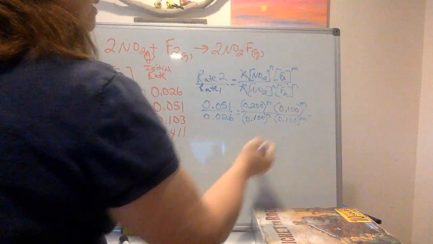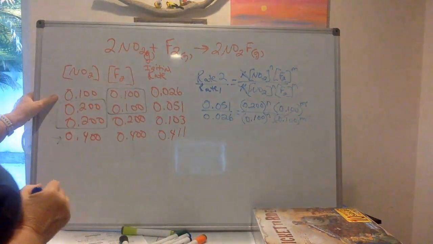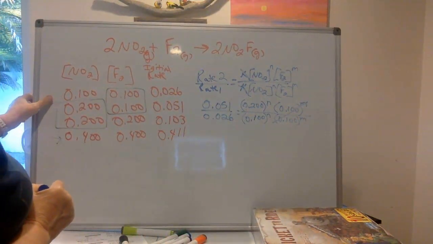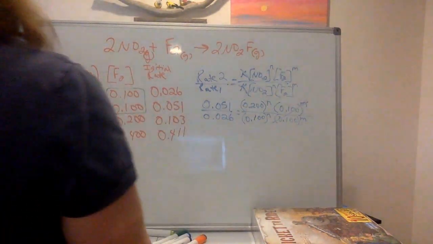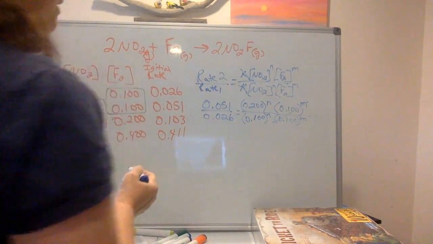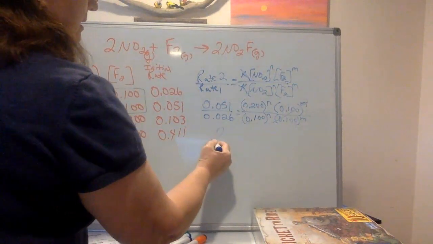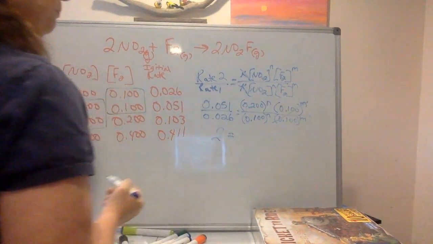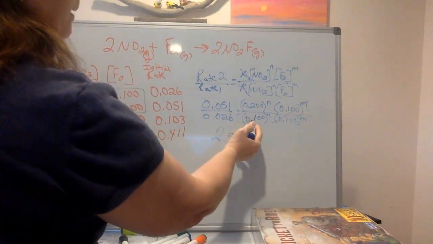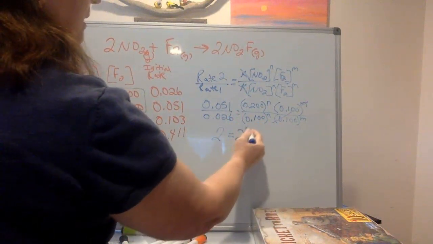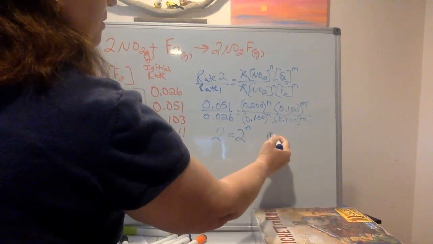Now we can see that these are the same too, so those can cancel out. So we do 0.051 divided by 0.026, which is, again, very close to 2. And 0.2 divided by 0.1 is 2, to the n. So we see that n equals 1.